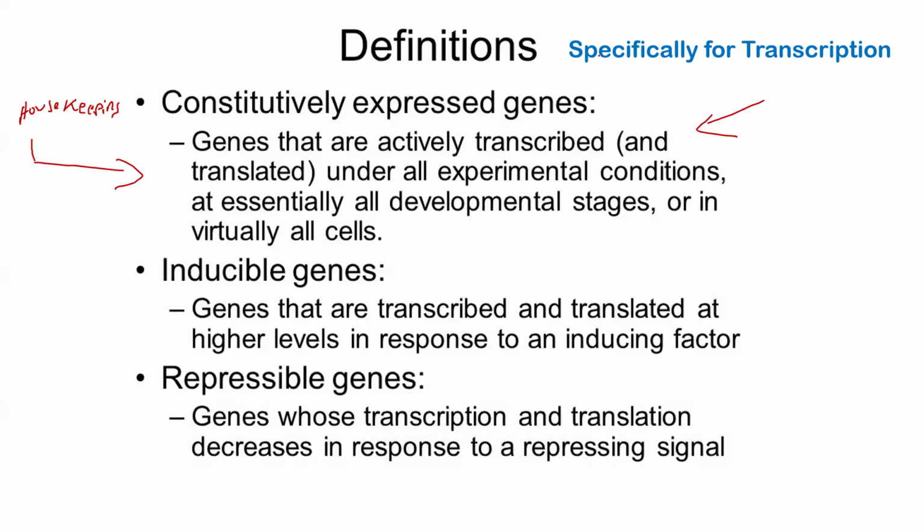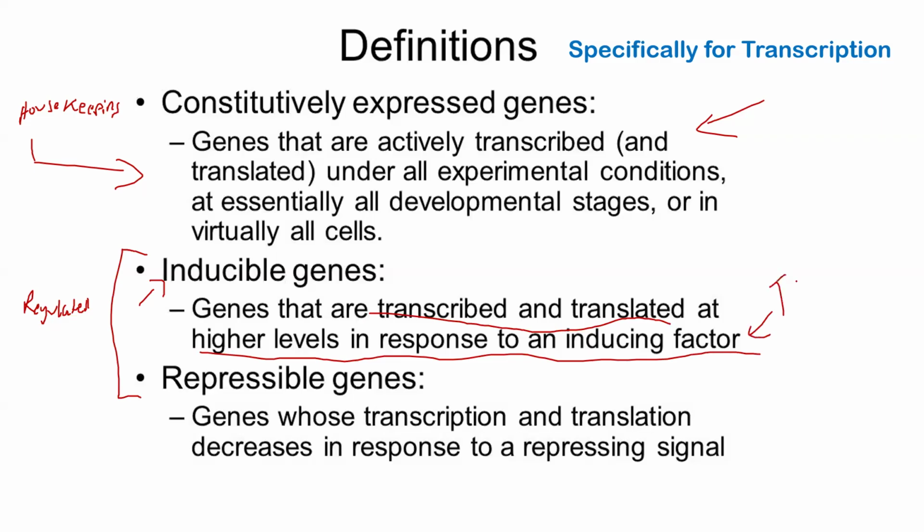But the vast majority of genes, including a lot of genes that are essential for cellular physiology and function, are regulated genes. And regulated genes can be either induced, or upregulated in expression, so they are transcribed and translated at higher levels in response to an inducing factor. This factor typically is a transcription factor that has something to do with a cellular sensor.